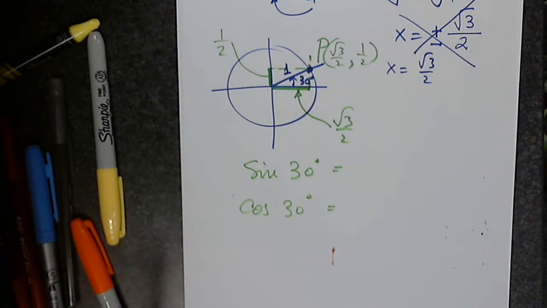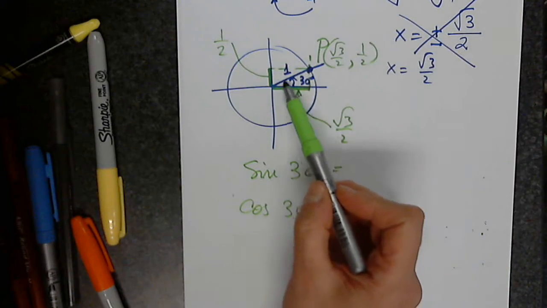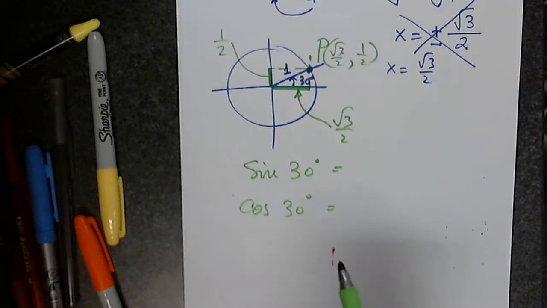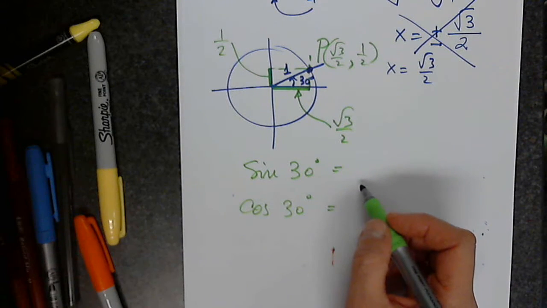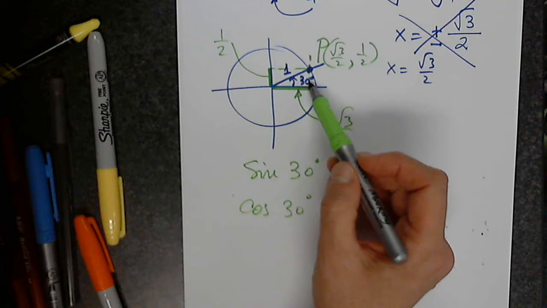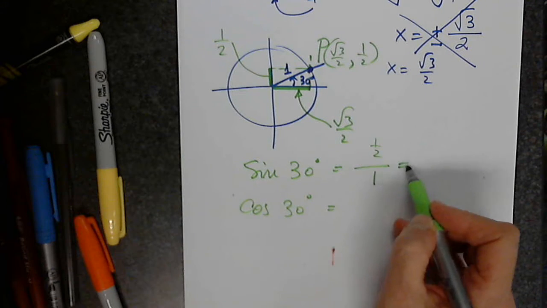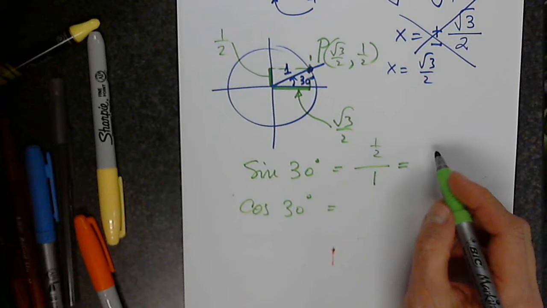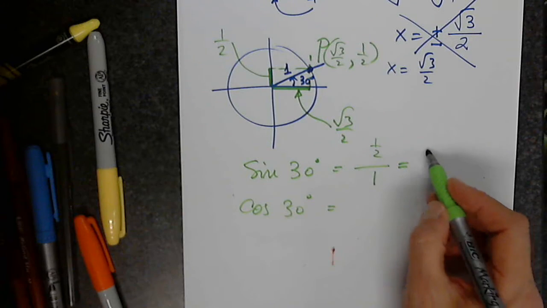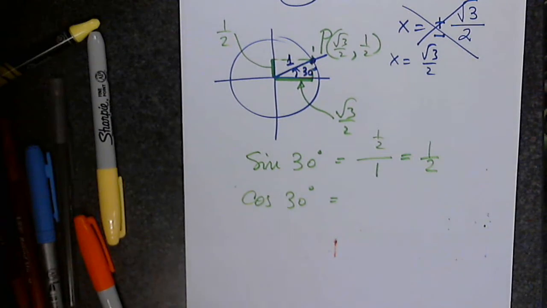So how much is sine 30? Opposite over the hypotenuse. So the opposite is 1/2, and the hypotenuse is 1. 1/2 divided by 1 is, bless you, 1/2.